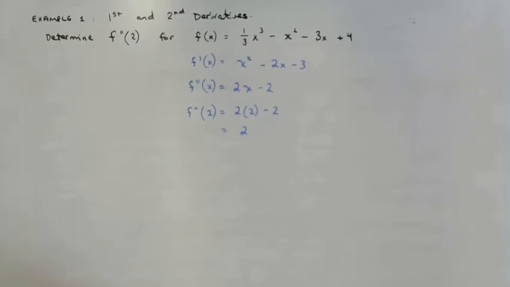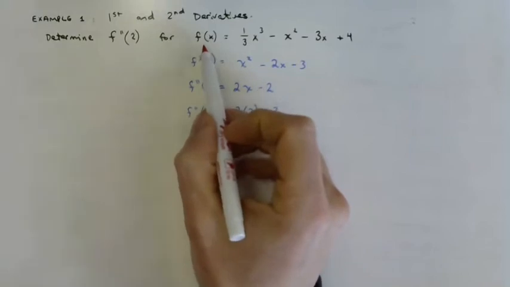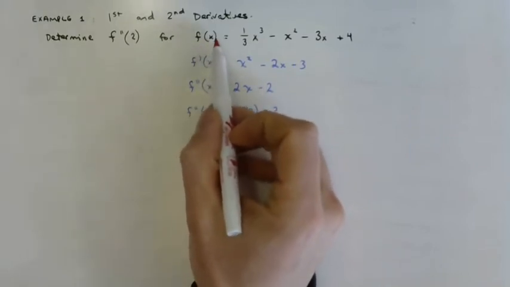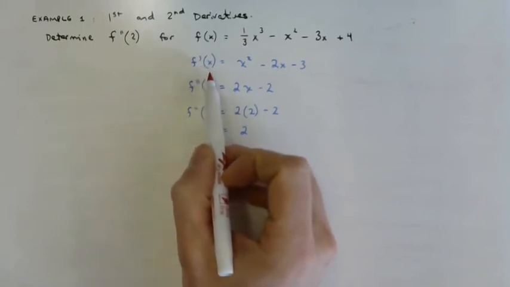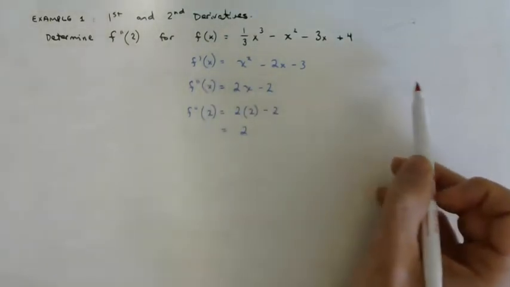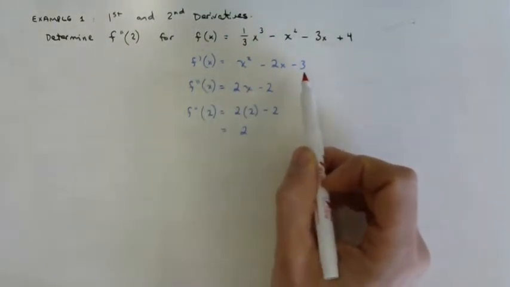Why don't we skip? No, we'll keep going how we're going. That's it. So if we wanted to sketch this thing, maybe let's just talk about what it actually means. So what did we find out? Well, if f of x tells us the displacement of an object with respect to time, and f prime of x tells us the speed or velocity of that object with respect to time. Is it moving forward or backward? Is it moving fast or slow?